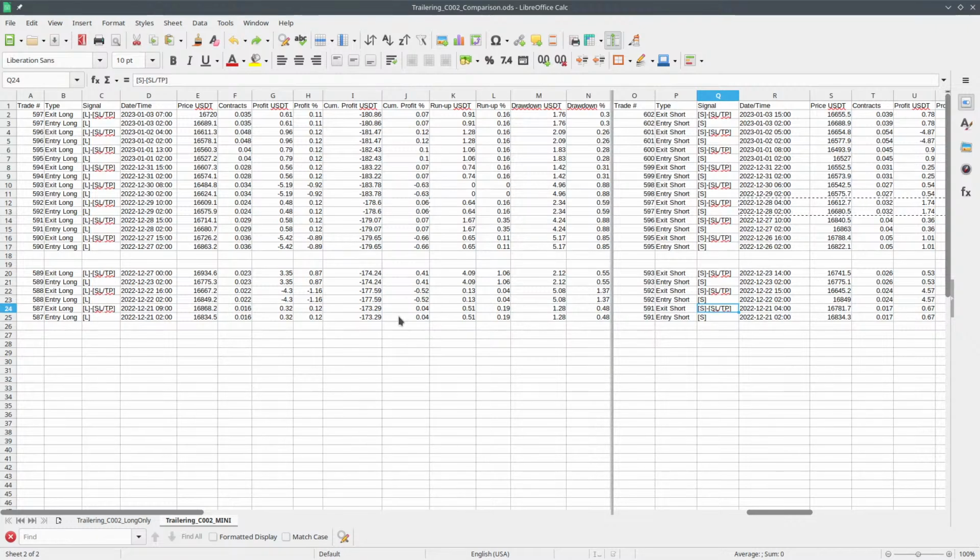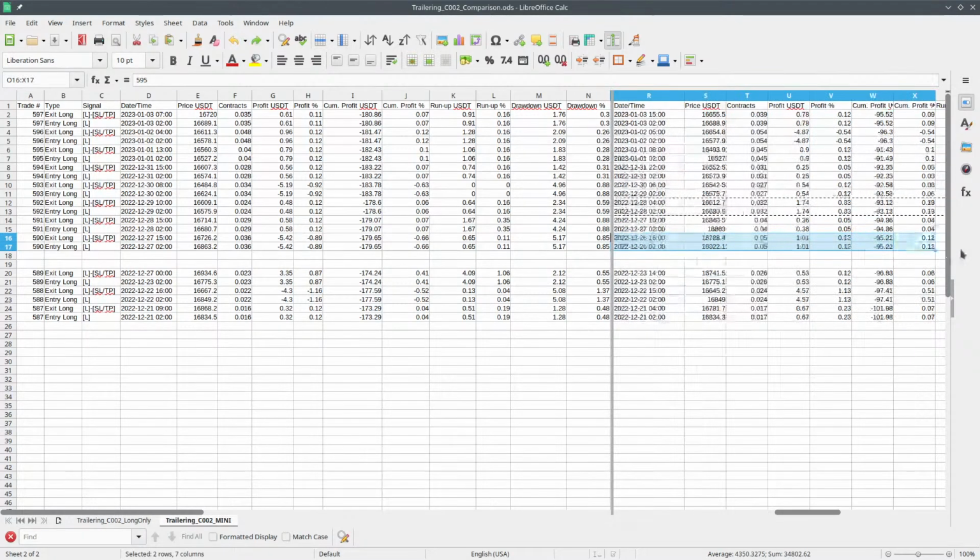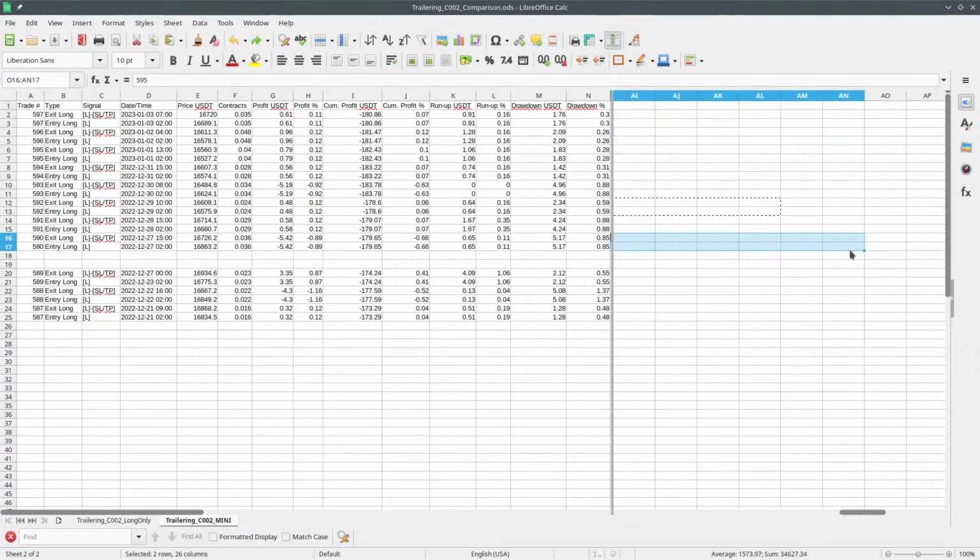So we do not want 26, we want to start with 27, so this is done like this.